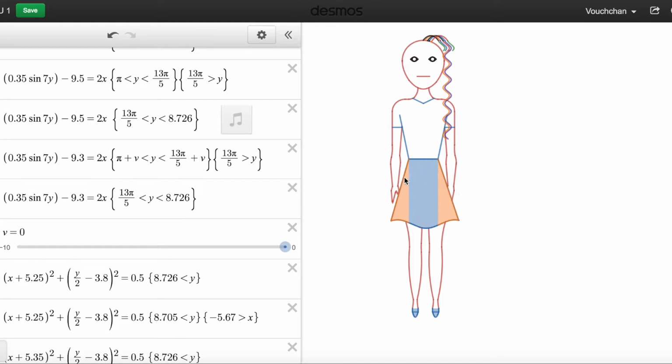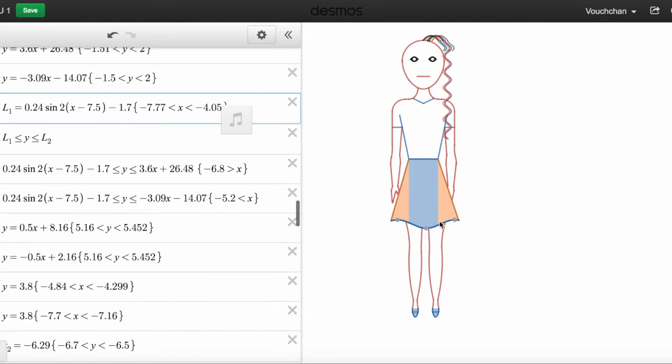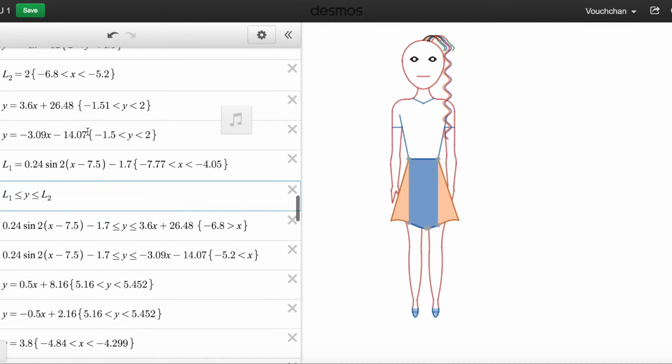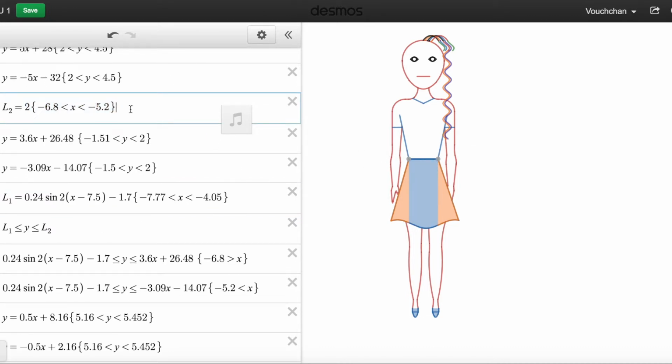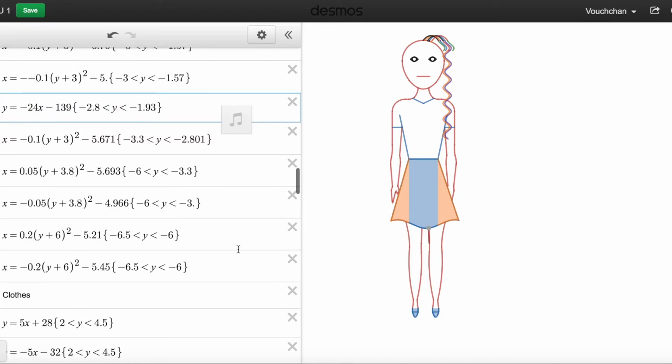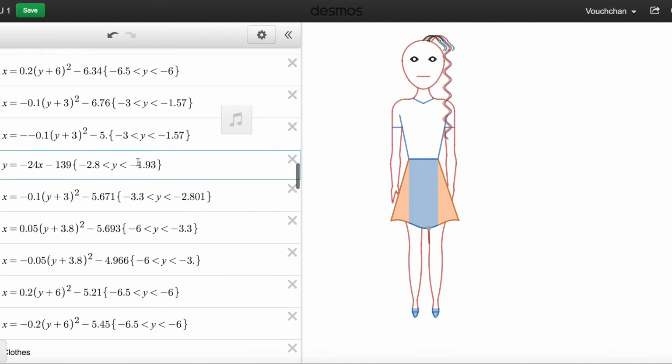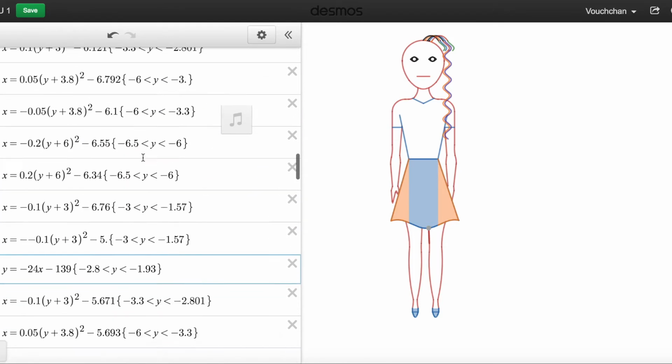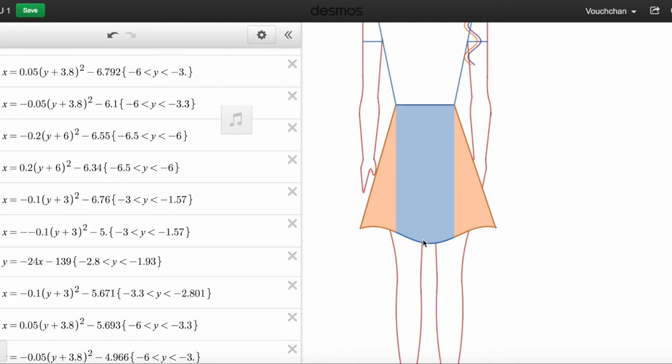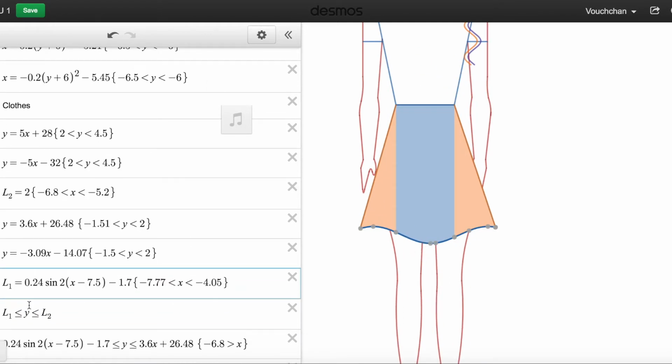So for example, for this part of the skirt I shaded, I have to use the line L1, which is the equation for my sine wave here, and I have to use L2 to represent the straight line on top, and I cut it with a domain, and also this one with a range, and I use the inequality equation, which is L1 smaller or equal to y, and y is smaller or equal to L2, which is this part.